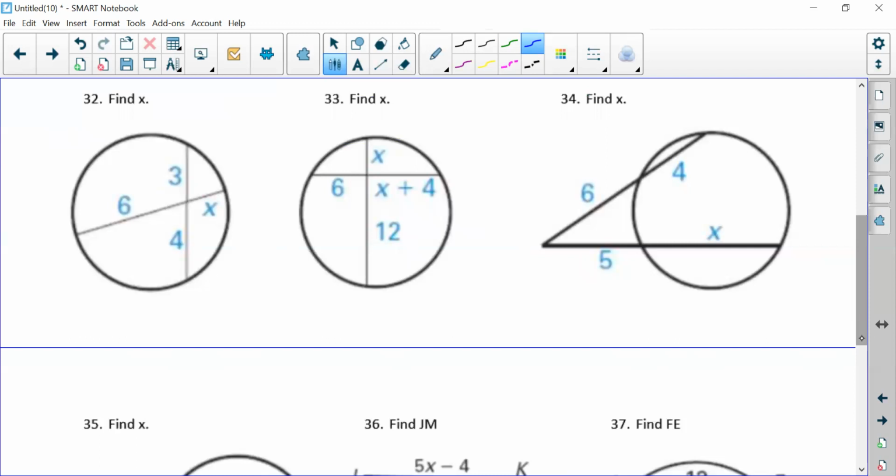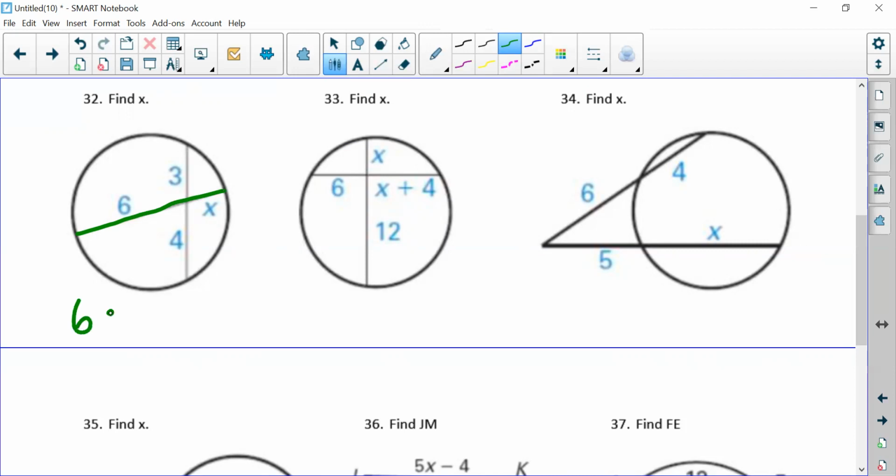Let's mosey on down to number 32, okay? Look, we have 2 chords inside of a circle, and what they want us to do is find the value of X, okay? So look, we have to look at the 2 chords separately. Okay, here's our chord in green. One part of the chord is 6.